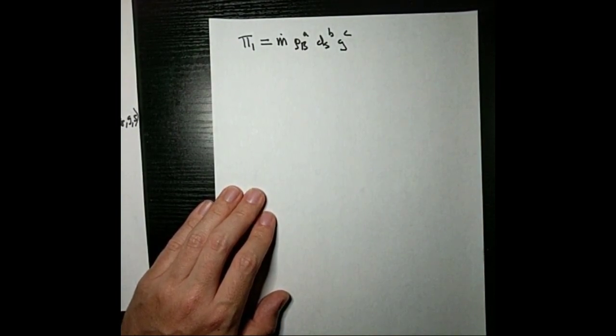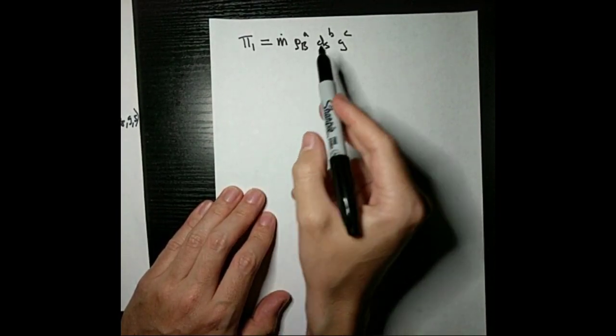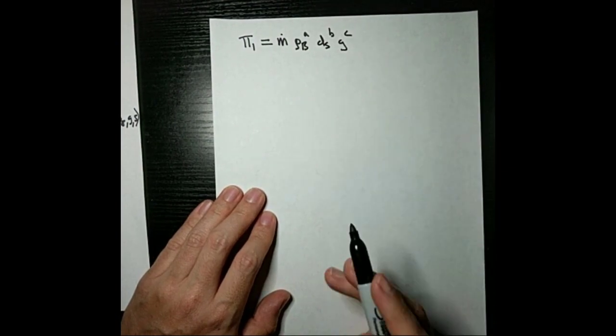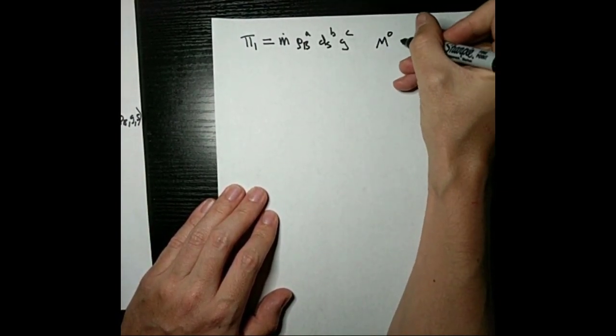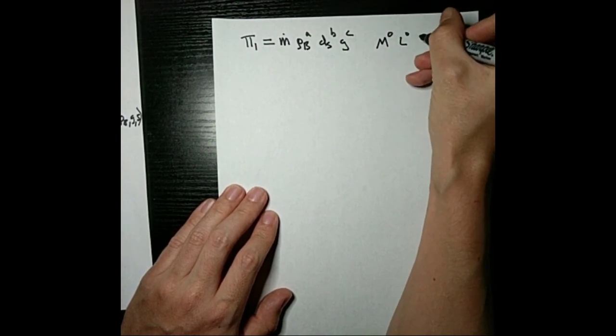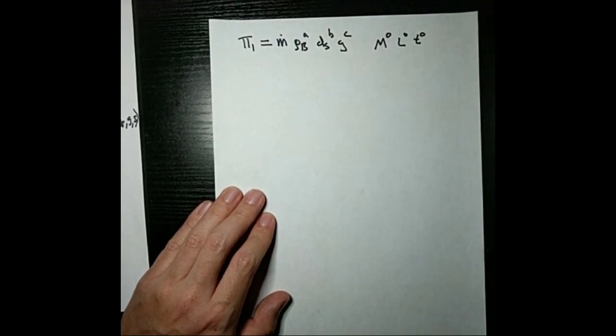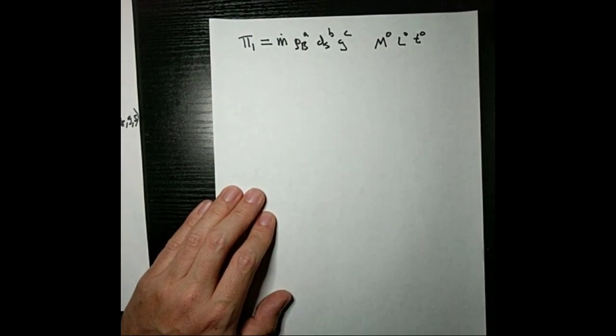So this allows us now to find A, B, and C such that we end up with M to the 0, L to the 0, T to the 0. So we have a dimensionless group in here.